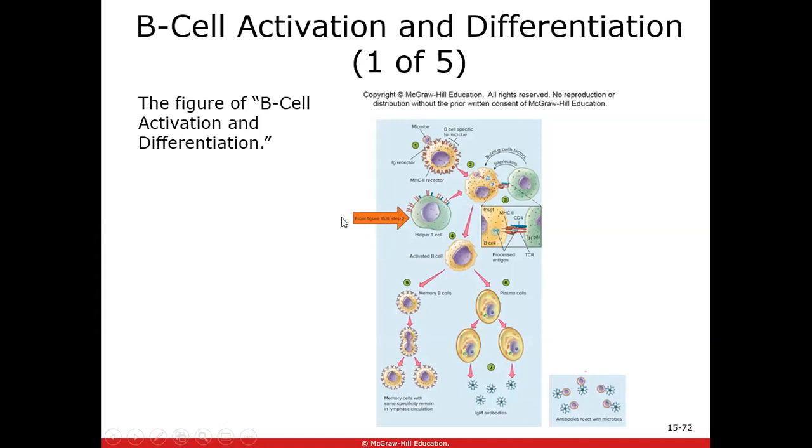When we looked at the dendritic cell, it puts on its surface a little piece of the antigen it engulfed. When this helper T cell recognizes that antigen, it will activate the B cell. And then the B cell will go on to produce more B cells like itself, and it will differentiate into plasma cells that release antibodies.